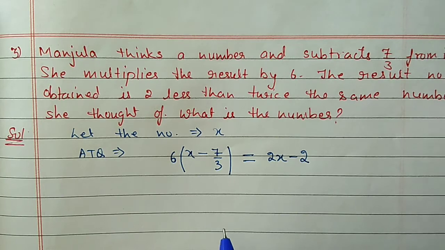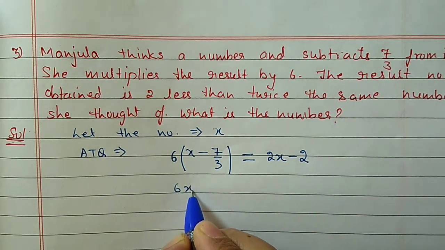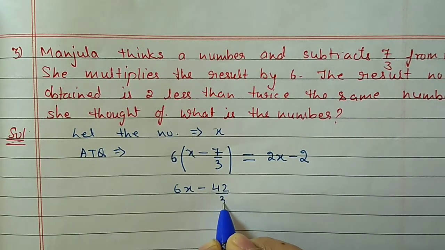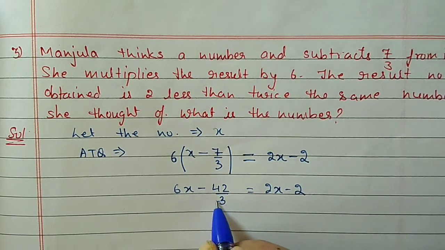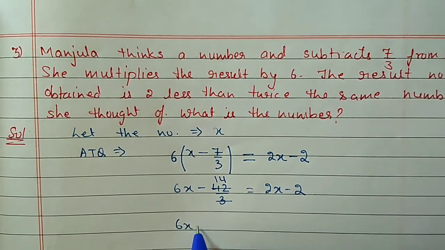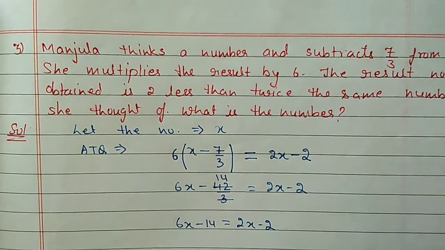Now we will solve this equation. Multiply this 6 within the bracket. 6x minus 6 into 7, 42 by 3, equal to 2x minus 2. We can cancel 3 ones are 3 and 3 fours are 12... so 6x minus 14 is equal to 2x minus 2.